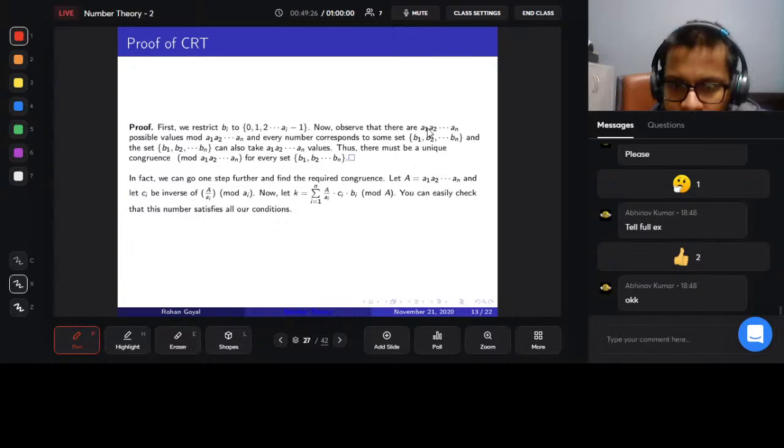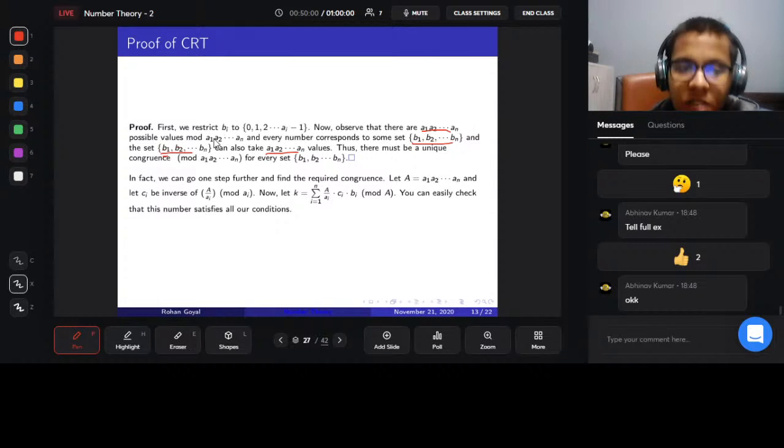Every number will correspond to some set of values B1, B2, Bn mod A1, A2, An. And the set B1, B2, Bn can also take only A1 times A2 times An values, because B1 can take A1 values, B2 can take A2 values, Bn can take An values.